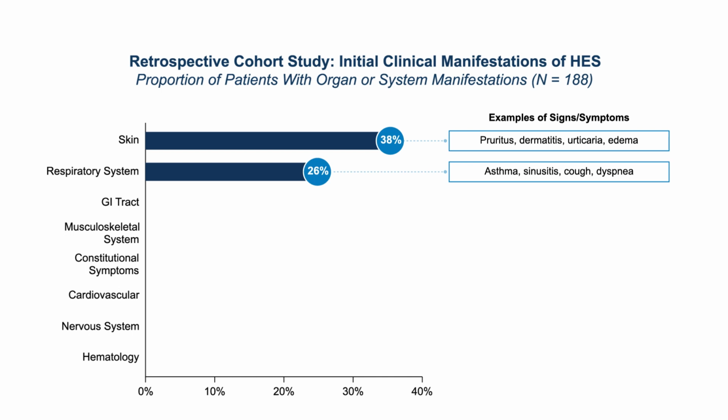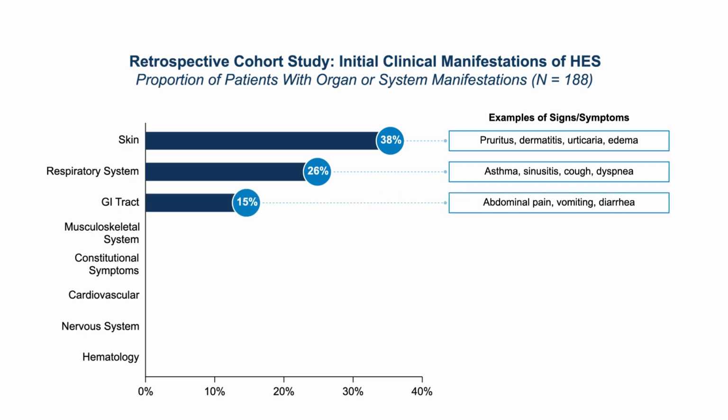Following that, patients had a variety of pulmonary manifestations ranging from asthma, cough or dyspnea, and pulmonary infiltrates. The gastrointestinal tract is often involved in patients, and patients can experience either non-specific symptoms such as abdominal pain, vomiting, diarrhea, or they can actually have eosinophils involved in the GI tract that are demonstrated by further testing.